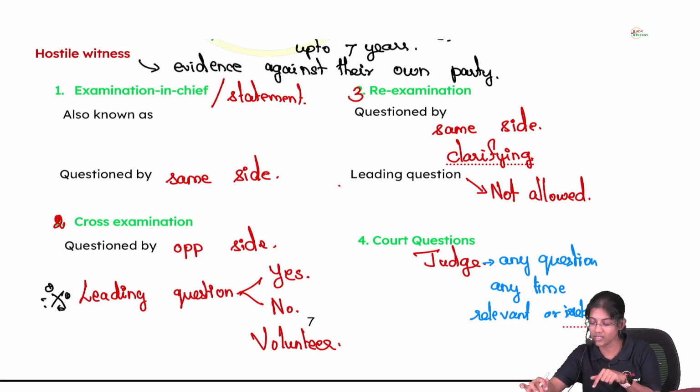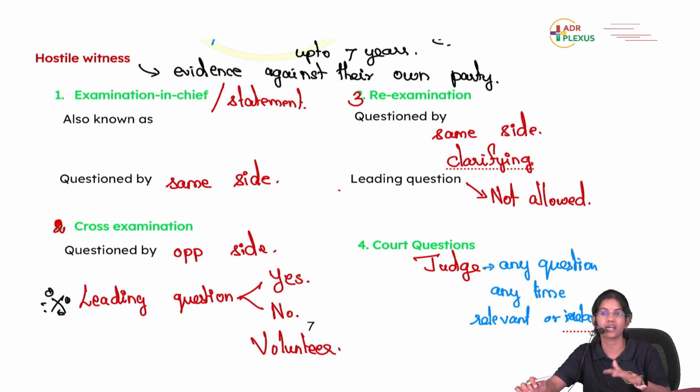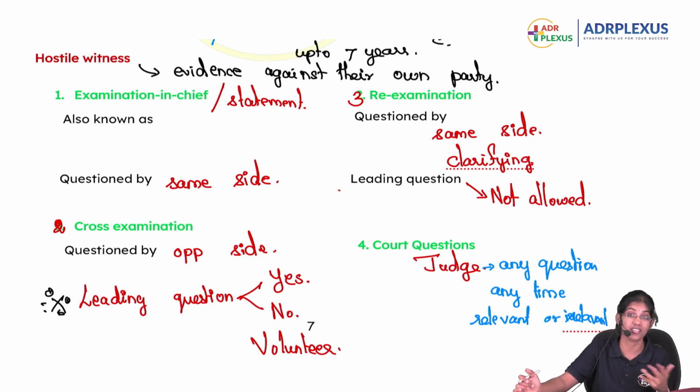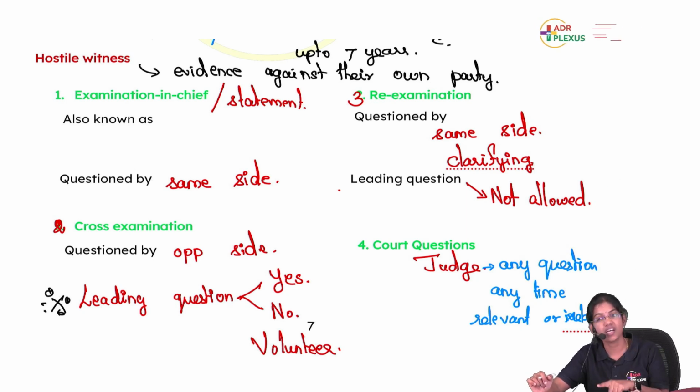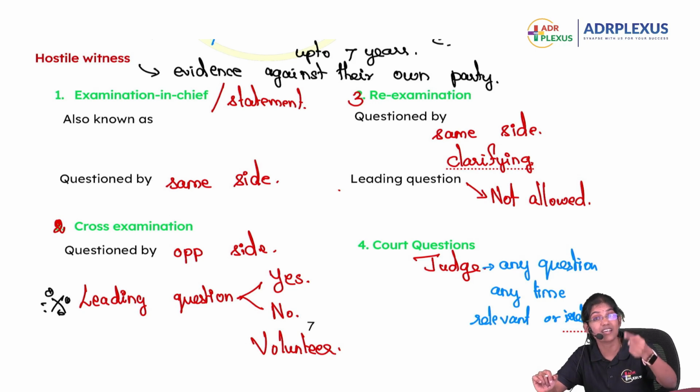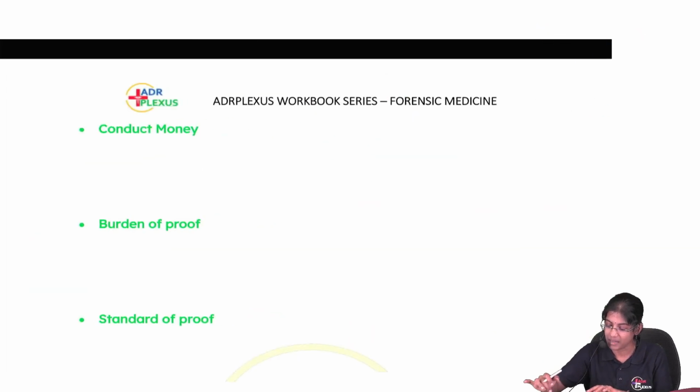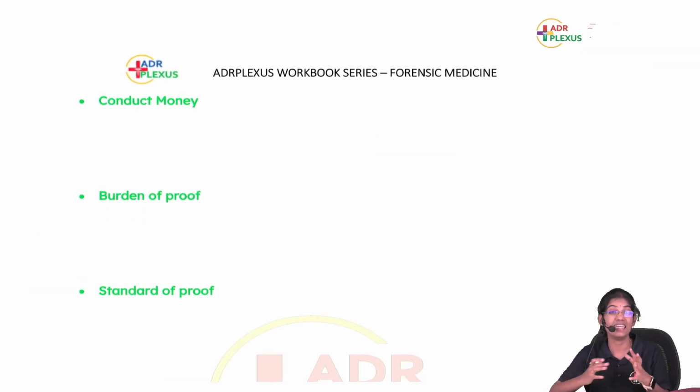In the court, we cannot sit and say, you should not ask me this question, what I ate in the morning is not relevant. No, they can ask any relevant or irrelevant question. That's the power of the judge. And the judge decides whether the questions asked by the same side party and opposite side party are relevant or irrelevant.